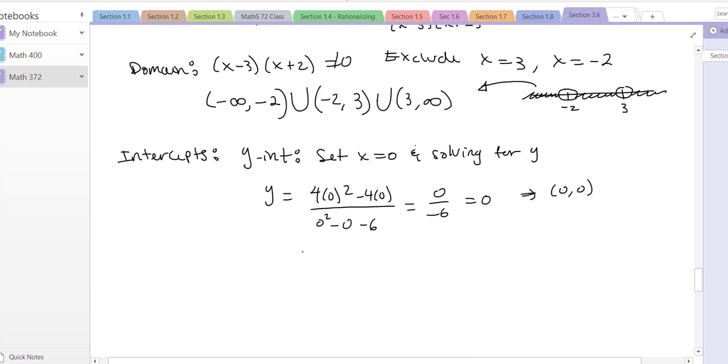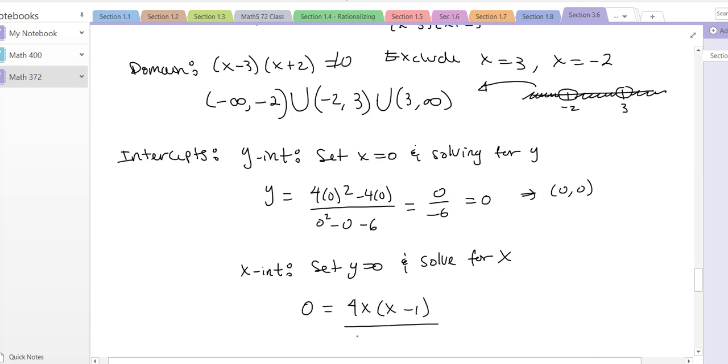But let's go to the x-intercepts. For the x-intercept, we set y equal to 0 and solve for x. So 0 equals, and in this case I'm going to use the factored form, 4x times x minus 1 over x minus 3 times x plus 2.